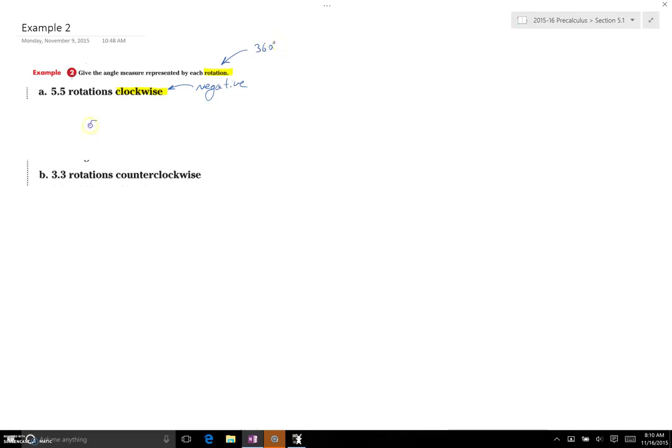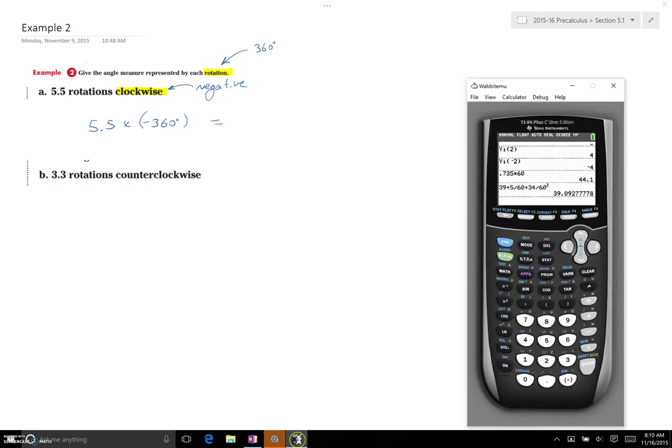So we'll have 5.5 times negative 360 degrees to get our degree measure. So we can use a calculator for that. And we get negative 1,980 as our degree measure.